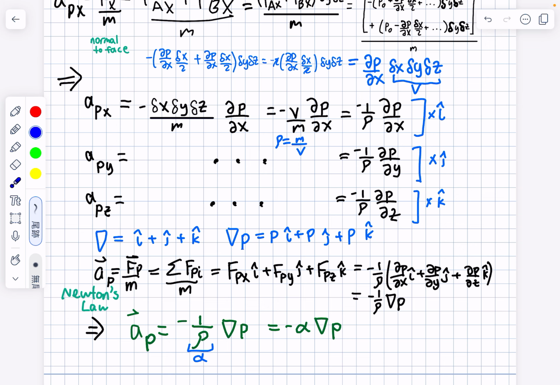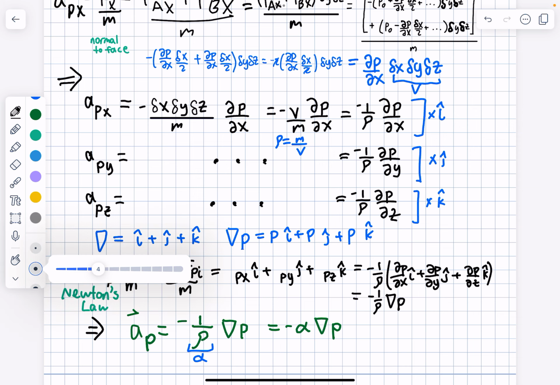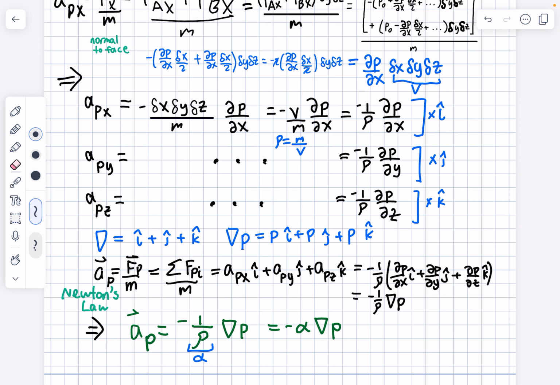So the calculus definition that we just discussed.